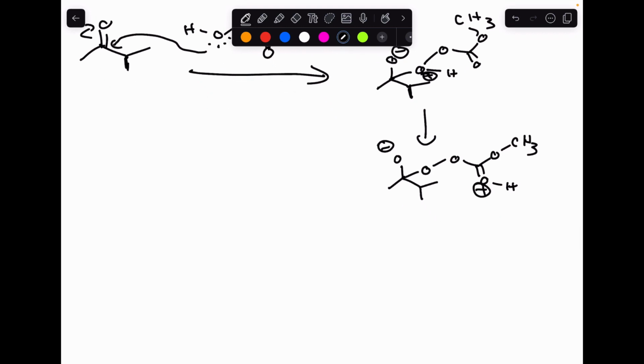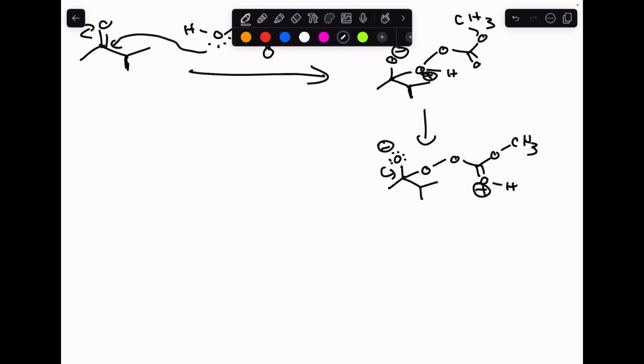Now, we've narrowed down our sites of chemistry. Obviously, we need to get rid of this negative charge. So we would push electrons from the negative charge onto the single bond, which would then formulate a carbonyl group.